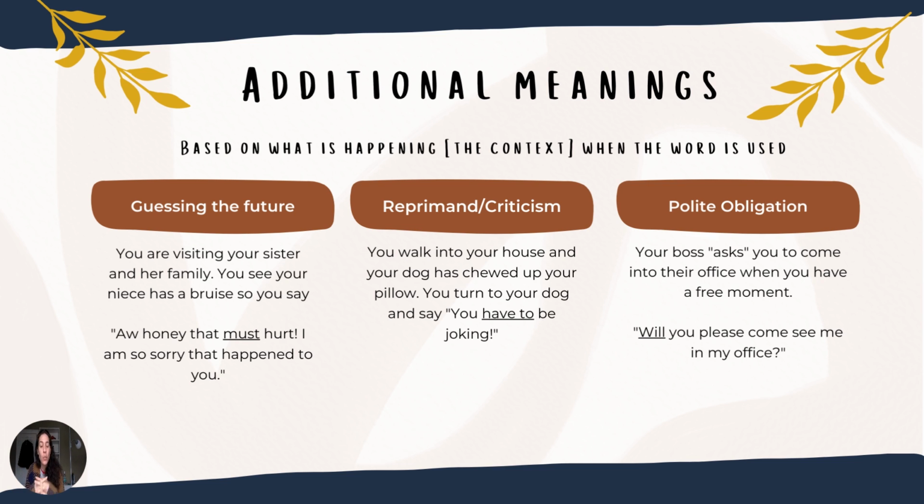The definition, we cannot assume that because we see a modal verb that is the same definition for that sentence, because the definition is so specific to what the rest of that sentence says that we have to wait until we read the sentence to understand the definition of that modal verb. So there are many different types of meanings. I've taken 3 of the most common, the ones that you're more likely to see, that we'll talk through today.